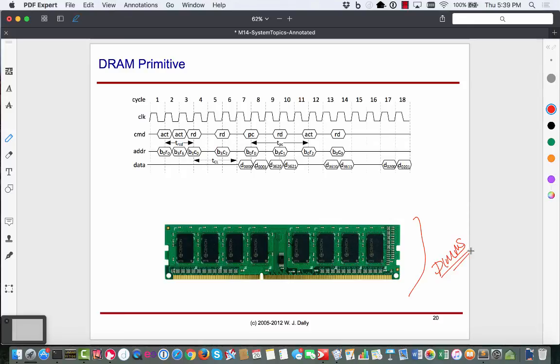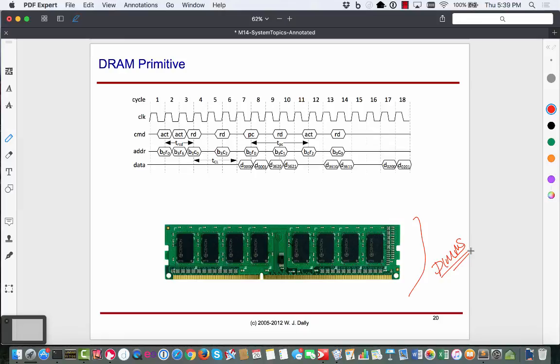And there are a whole bunch of standards for them, but DRAMs sit on the motherboard, you plug them there. They are very finicky in multiple ways. One of the ways they are challenging to use is that they need to be refreshed. That is, even if you are not using them, the data, which is stored as charge in capacitors, tends to decay.